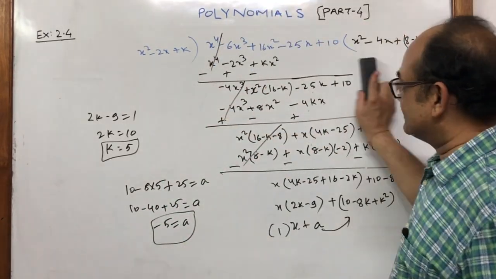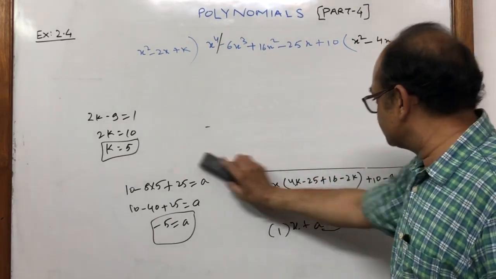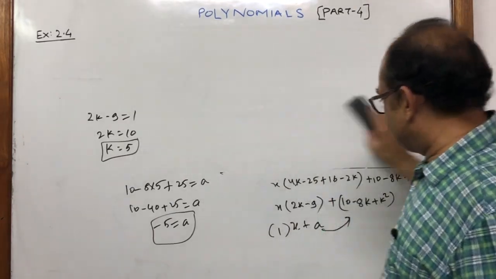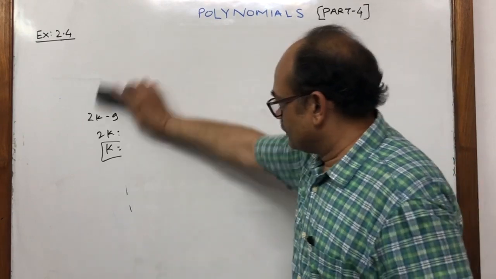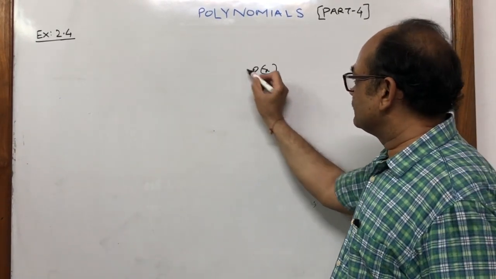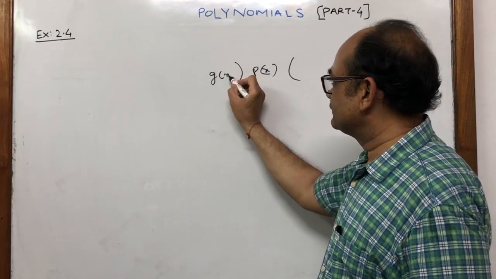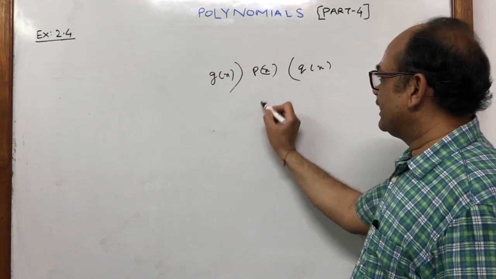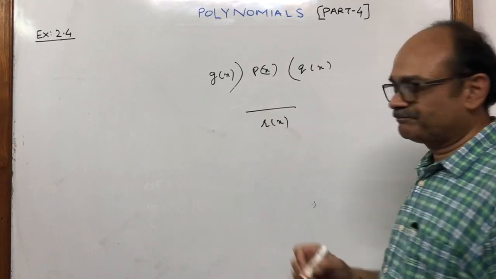Now next type questions from boards. Question may be categories small change. Px, when you divide by gx, you are getting qx, and here remainder is rx.